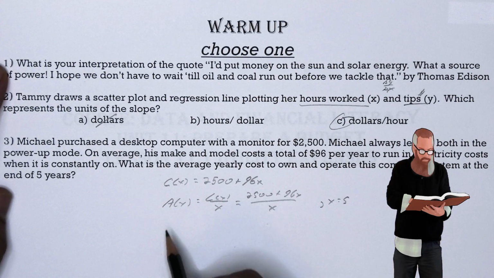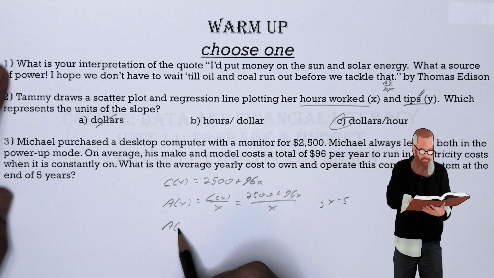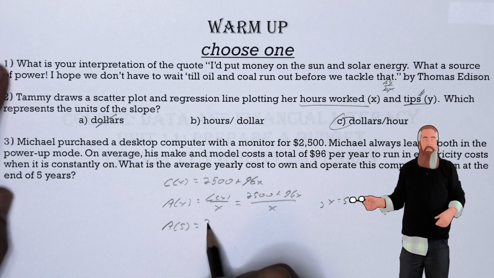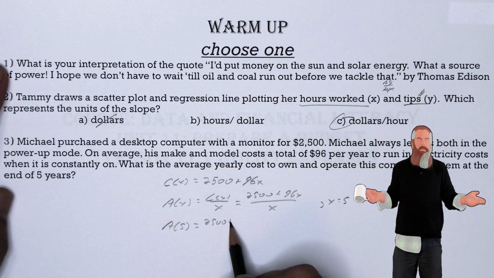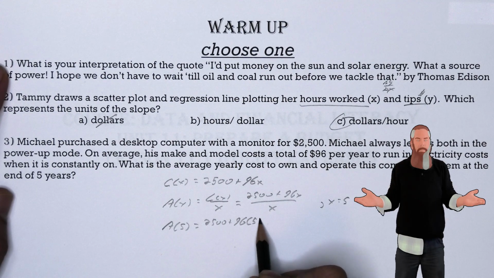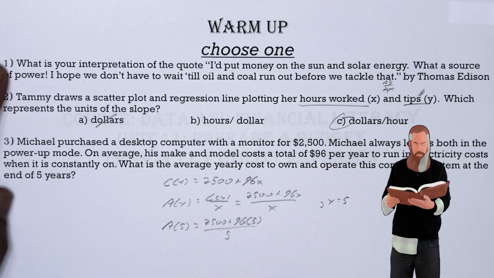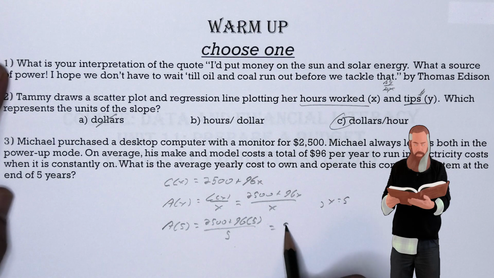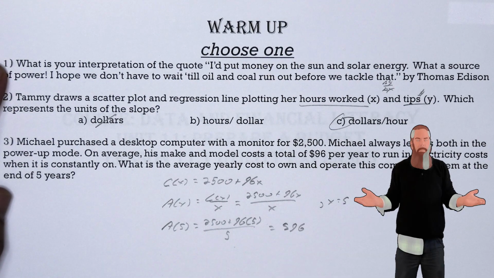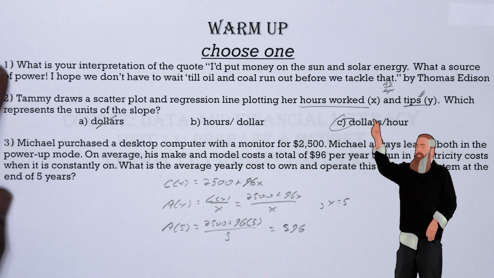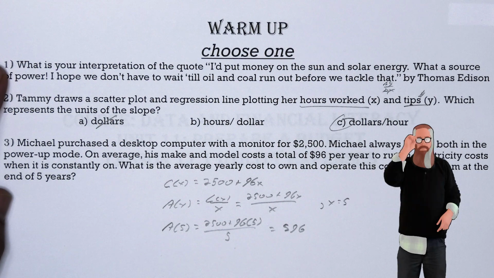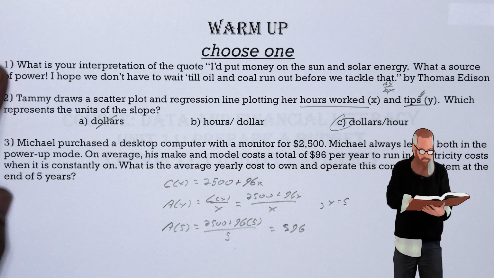So we can substitute the value 5 into the equation, giving us A of X is equal to 2,500 plus 96 times 5, all divided by 5. This gives us $596. So after 5 years, Michael's average annual cost of owning and operating the computer that is currently on will be $596 a year.